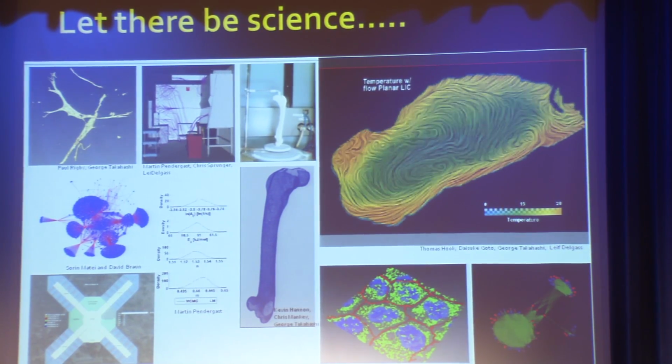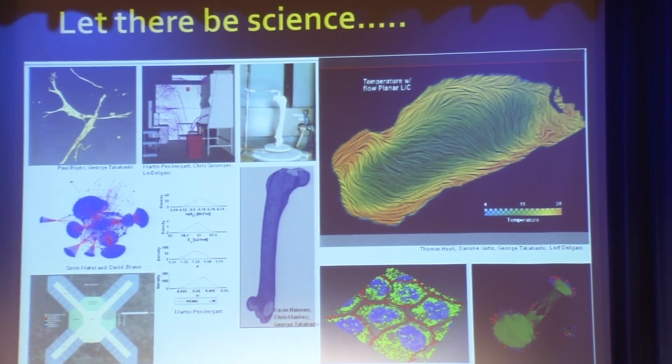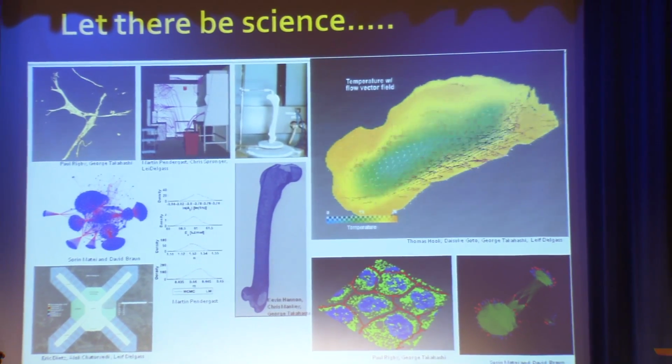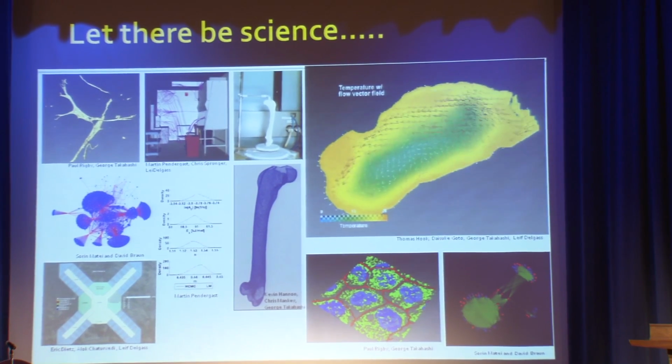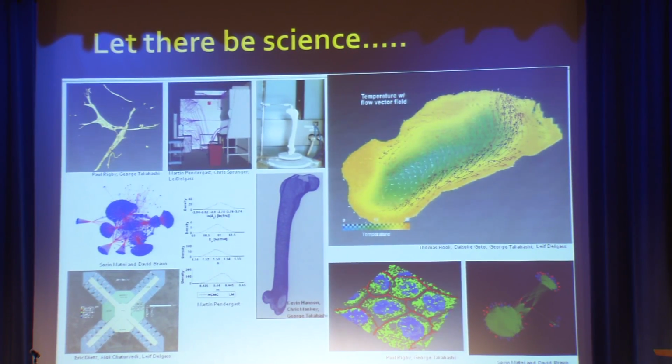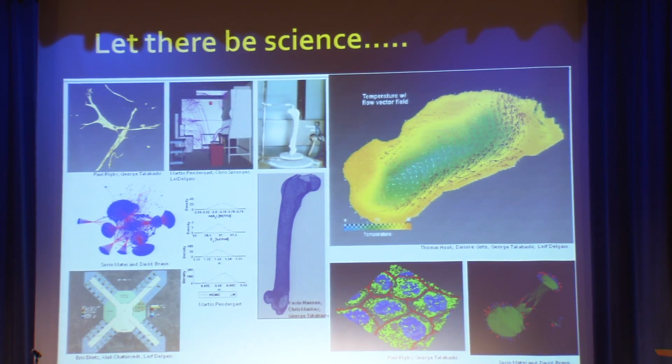What I've done here is pull from various pieces that I have of science-y things. You can see it covers a spectrum of visualization, from information visualization to displaying grids, to, in the center here, a laser scanning setup where we reconstructed a dog femur. It really is all over the board.